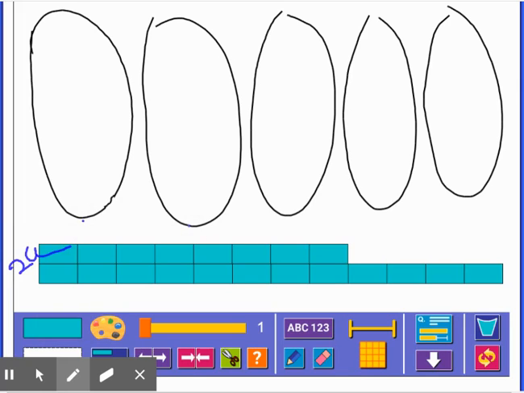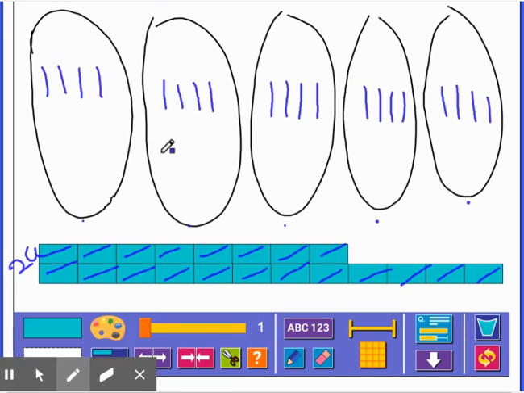I have my 1, 2, 3, 4, 5 groups, and I can start placing all of these into each group one at a time. That's one way to do it. Now that I've distributed all of my blocks into their groups, I see that each group has 4 blocks.